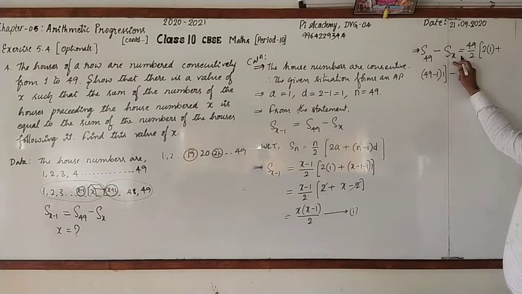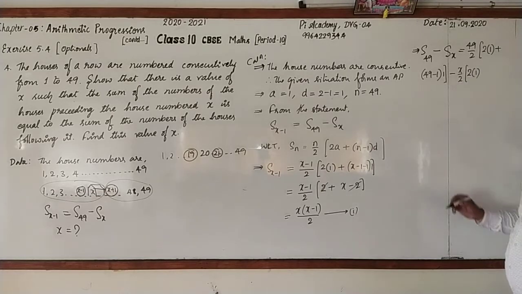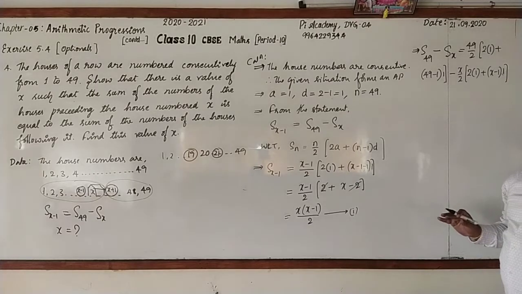Minus S_x. S_x can be written as x by 2 into (2a, 2 into a is 2, plus (n minus 1) into d), what is n? It is x, so (x minus 1) into d, d is 1. Hope that you have understood.